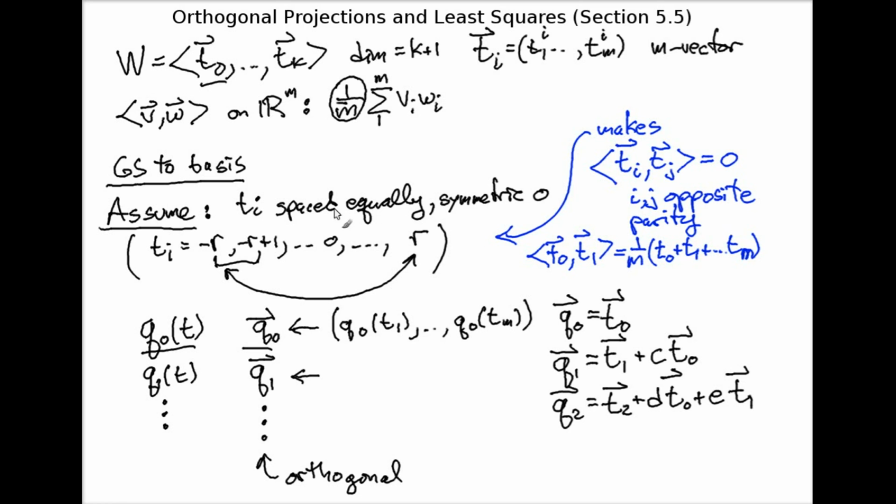And by the symmetric condition, this sum is equal to 0. So that's the basic idea. And what that says is that, kind of like the Legendre polynomials, they alternate. The q1 is not going to involve T0, and q2 is not going to involve T1.